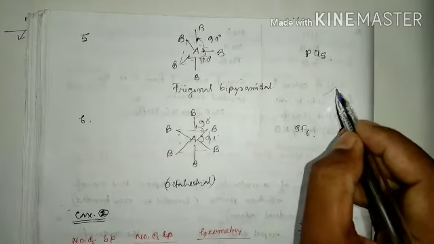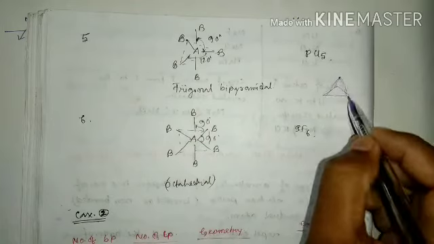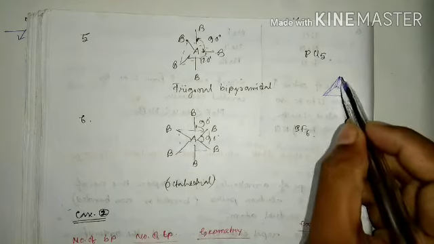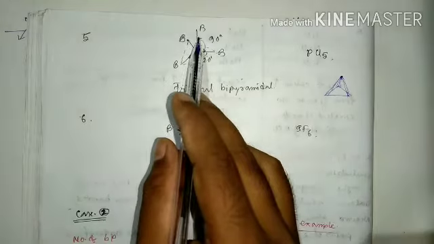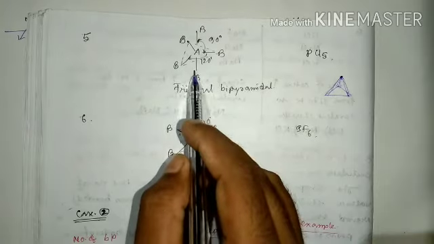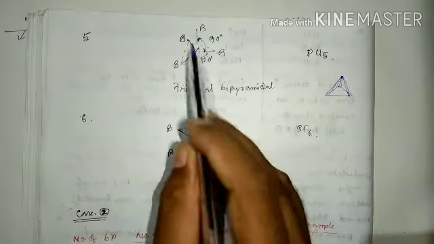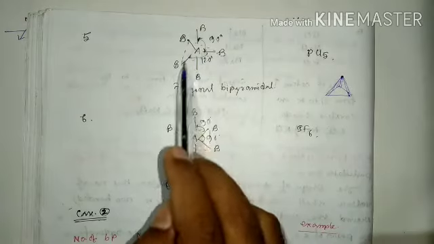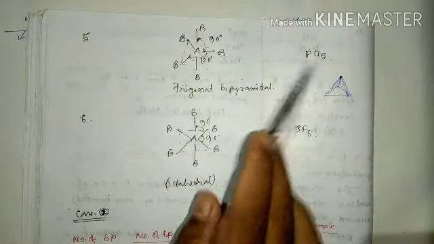As we know, a pyramid is three-dimensional and cone-like, with one corner. But here there is one position on top and one position at the bottom, so bi means two pyramids, bipyramidal. The bond angle for BAB is 90 degrees, and for the BAB in the plane it is 120 degrees. The example is PCl5.